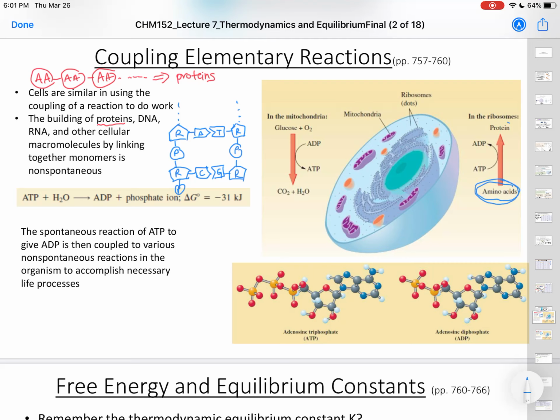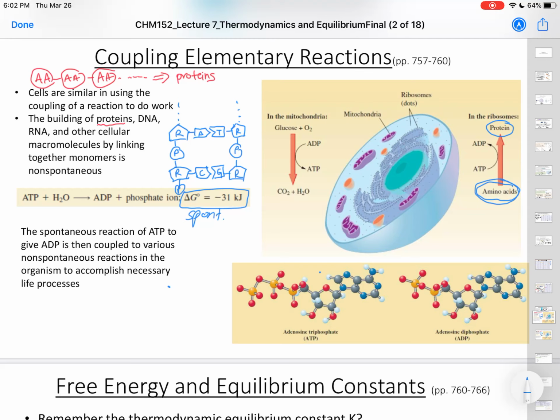So if you're looking inside your cell, to go from amino acids to the protein, we are linking together lots of amino acids. And it's unfavorable. It's non-spontaneous. Okay? So what they do is they take another reaction, ATP plus water becomes ADP and a phosphate ion.